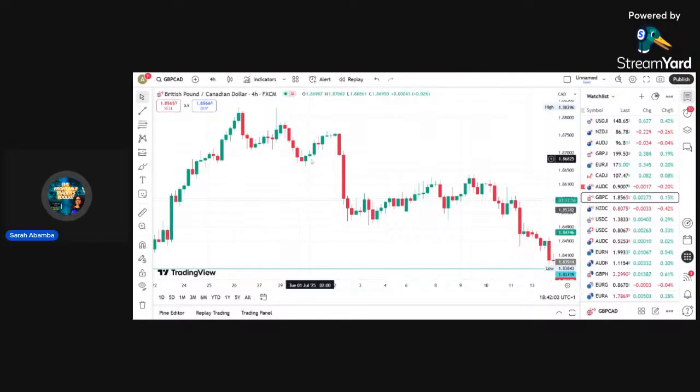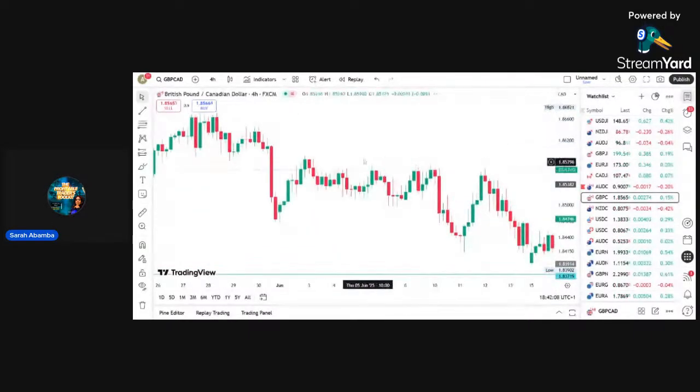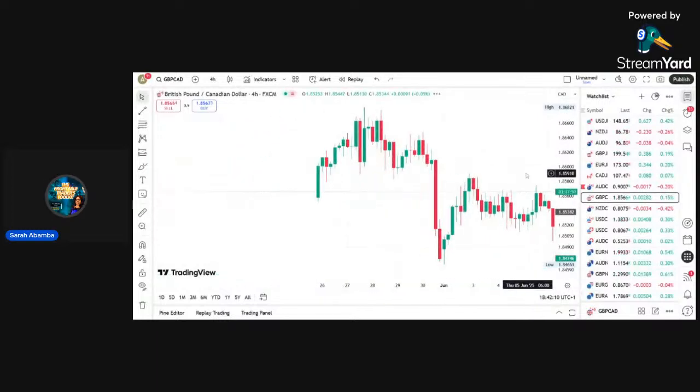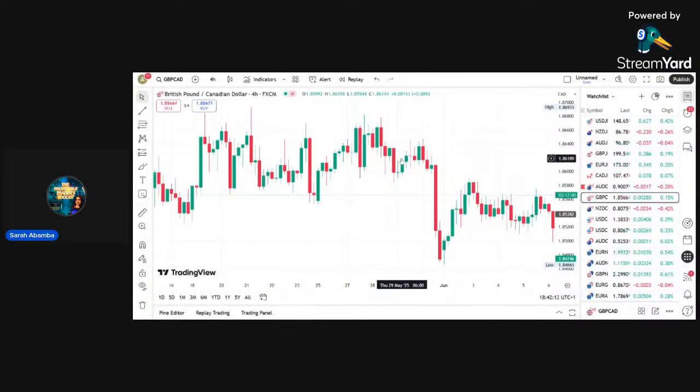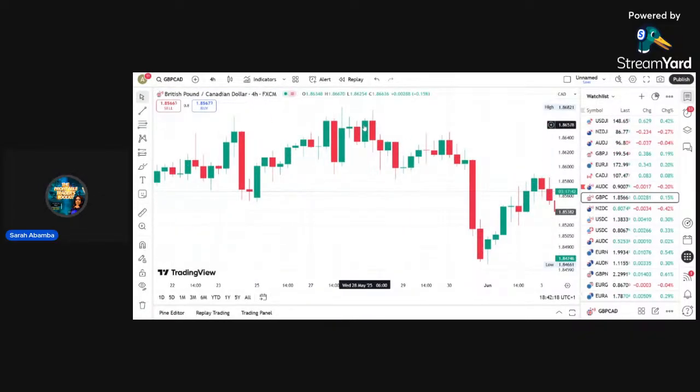Let's look for other bearish engulfing examples, because that's what we are focusing on now. Okay, I've seen a good example here also. Let me expand my chart so that we see it clearly. This is a bullish candlestick that was formed, and the bearish candlestick was formed next to it.